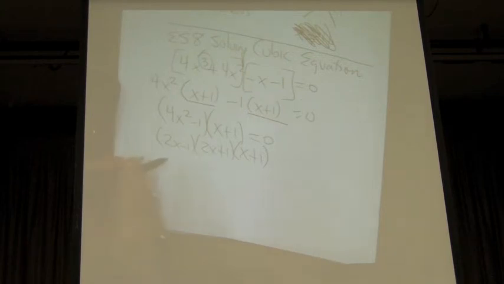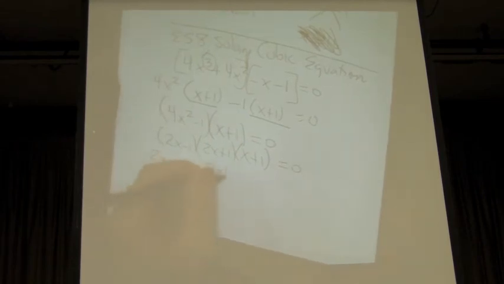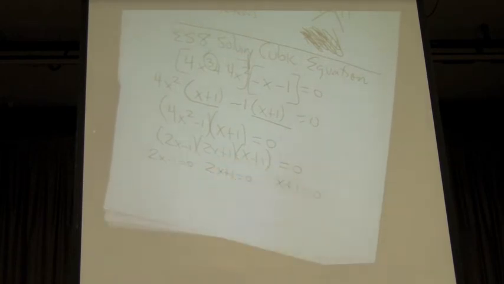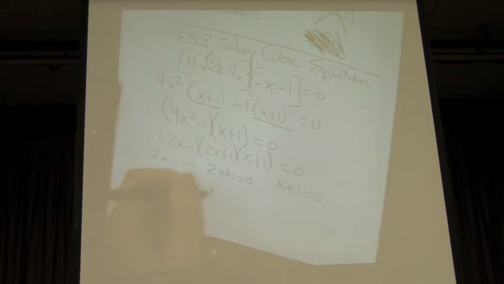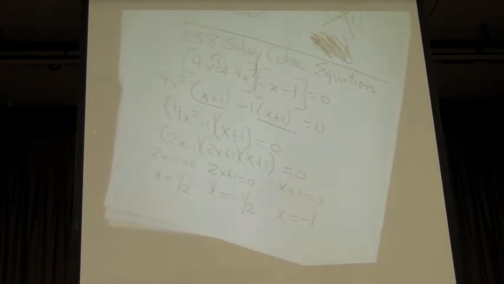Apply the zero product property. 2x minus 1 equals 0. 2x plus 1 equals 0. X plus 1 equals 0. You get x equals 1/2, x equals -1/2, and x equals -1.